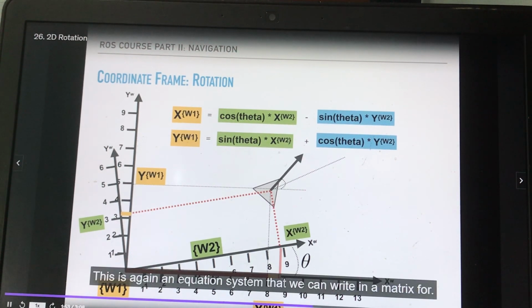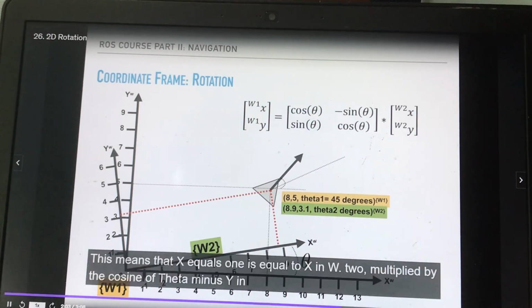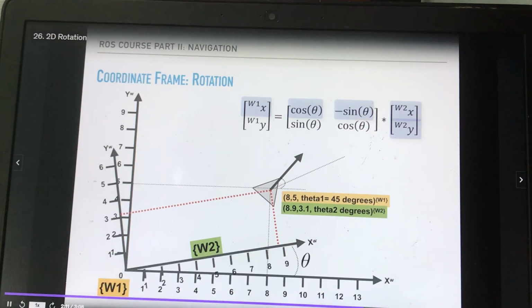This is again an equation system that we can write in a matrix form. Finally, we can write the relation between the poses in the two frames in the following matrix form. This means that x in W1 is equal to x in W2 multiplied by the cosine of theta minus y in W2 multiplied by the sine of theta.